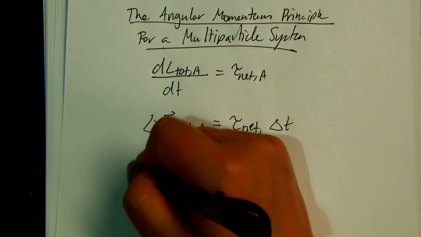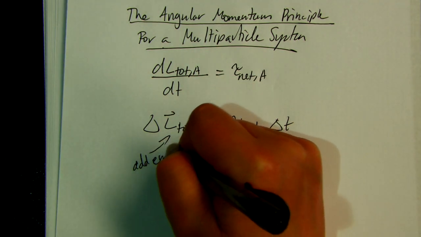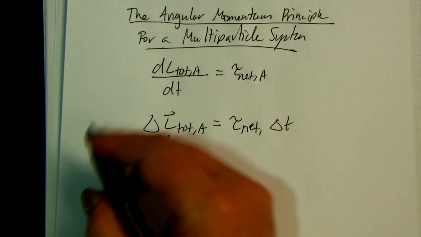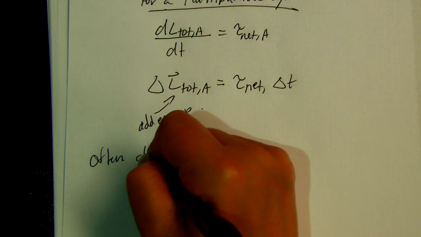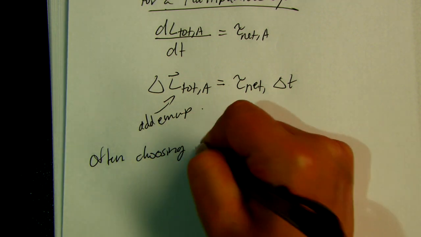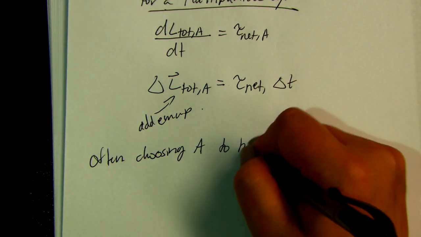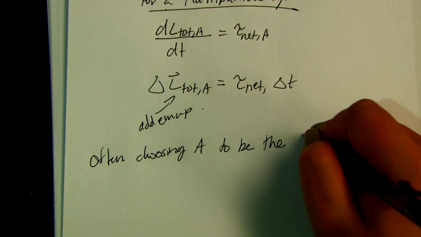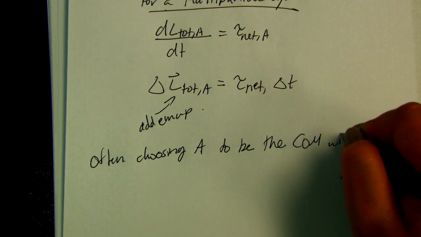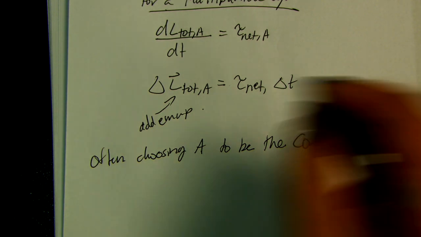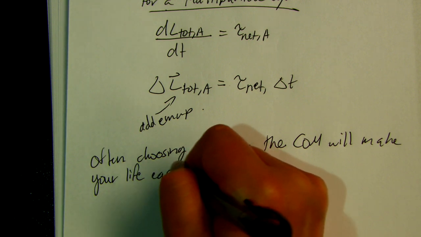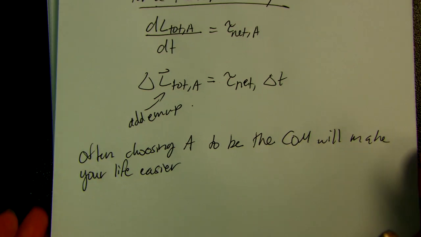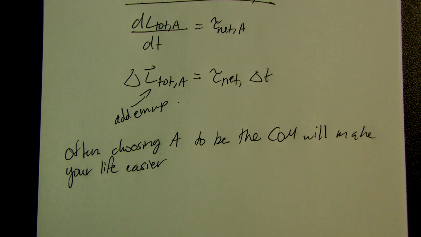So basically just add them up. And often choosing A to be the center of mass will make your life easier. That's often the easiest path to go down solving one of these problems. Not always, but generally speaking.